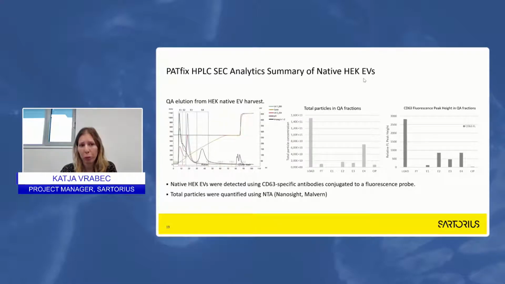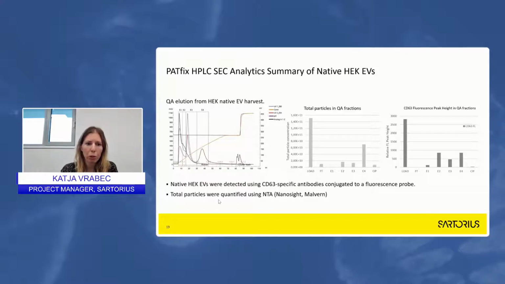In this experiment, we used a HEK EV native harvest. In this case, EVs were not fluorescently labeled with EGFP, so we had to additionally label them using antibodies conjugated to a fluorescent probe. Here we illustrate native HEK EVs detected using CD63 specific antibodies conjugated to a fluorescent probe.